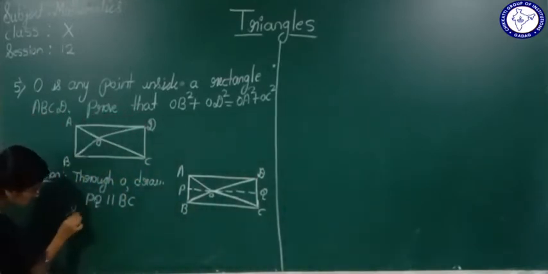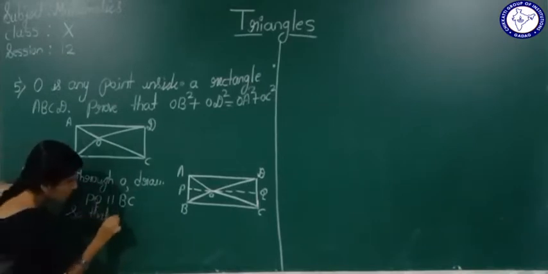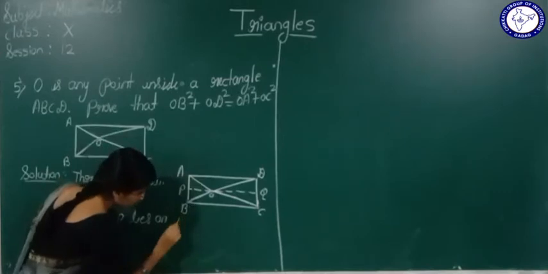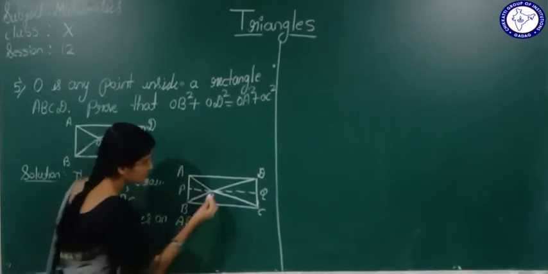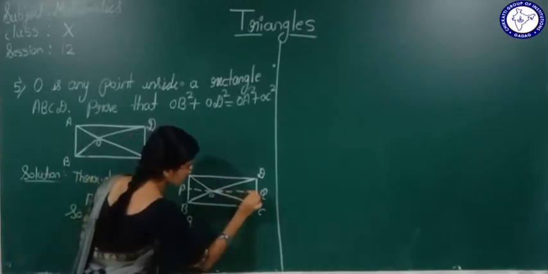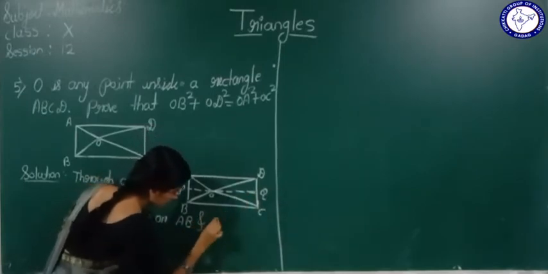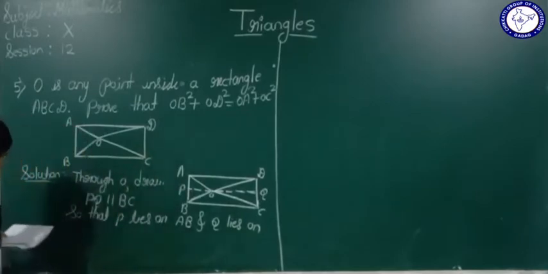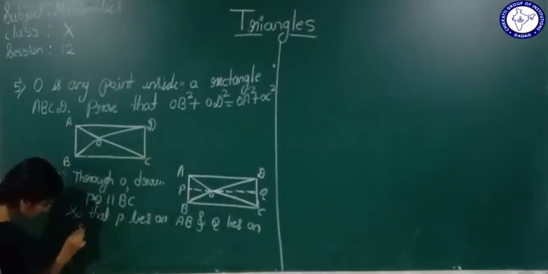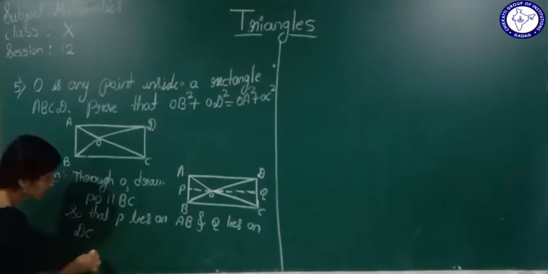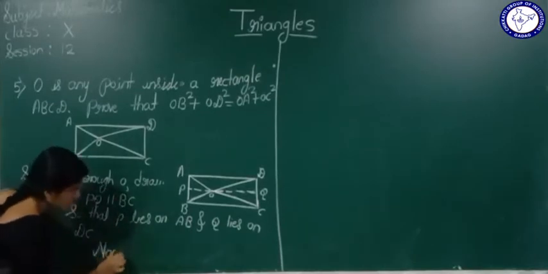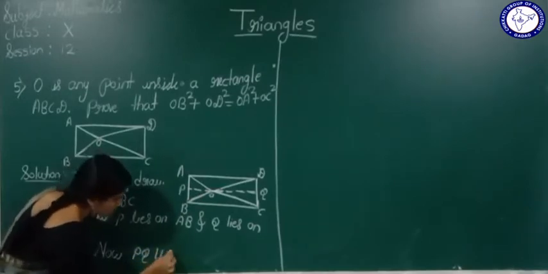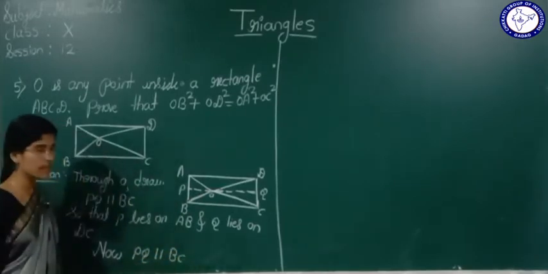So that P lies on AB and Q lies on DC. Now see here, this PQ is parallel to BC, right?